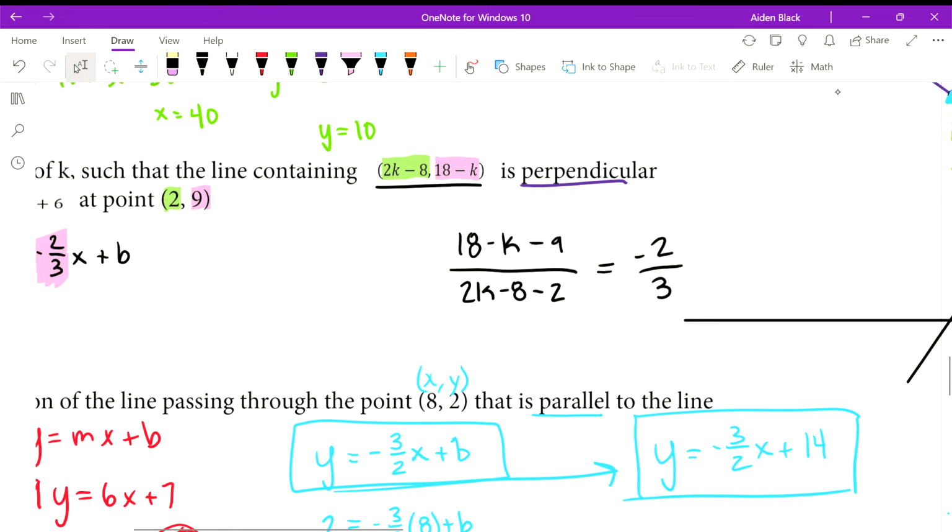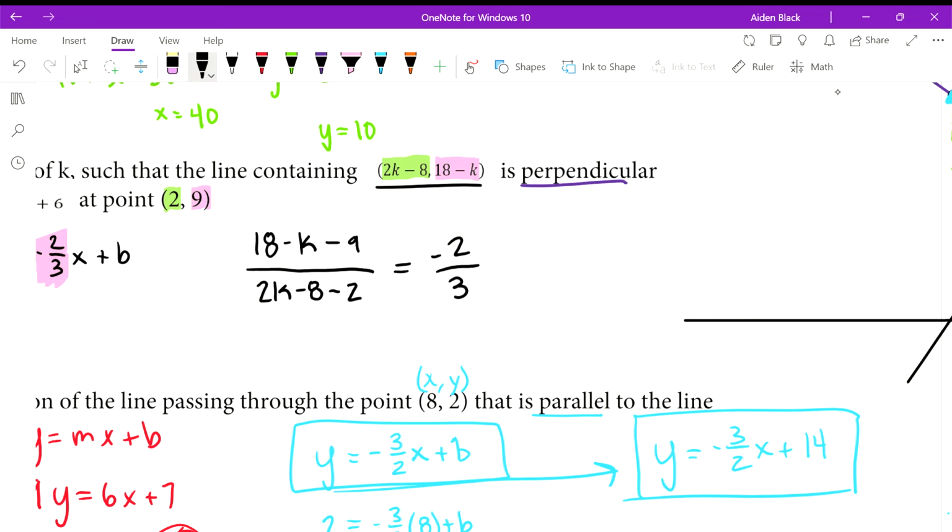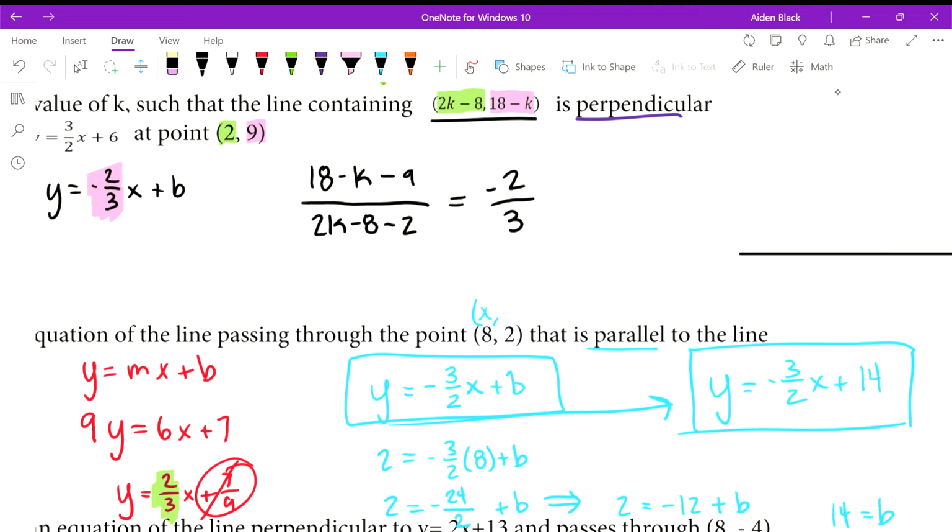I'll first simplify the left-hand side, which will look like 18 - k - 9. So I'm just going to take the 9 from 18 and get 9 - k. And then in our denominator, we have 2k - 8 - 2. So I have 2k - 10. And again, this is equal to -2/3.